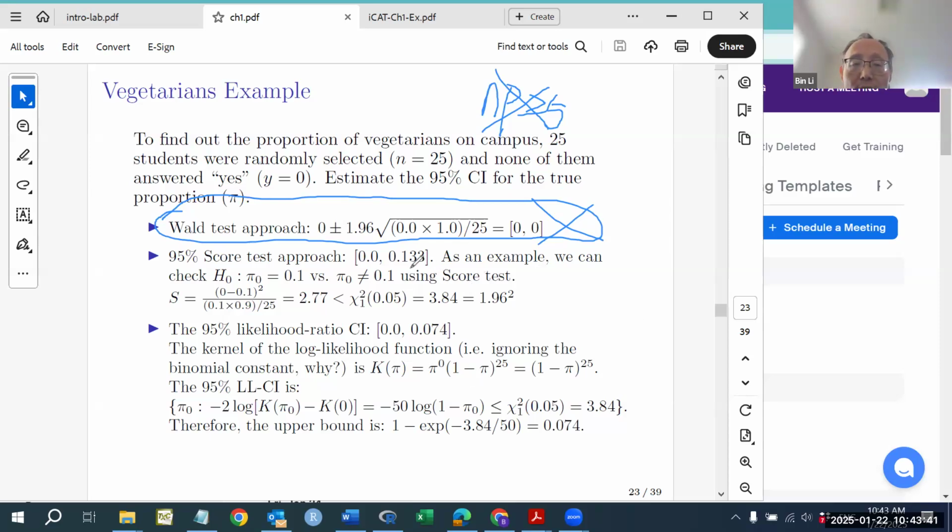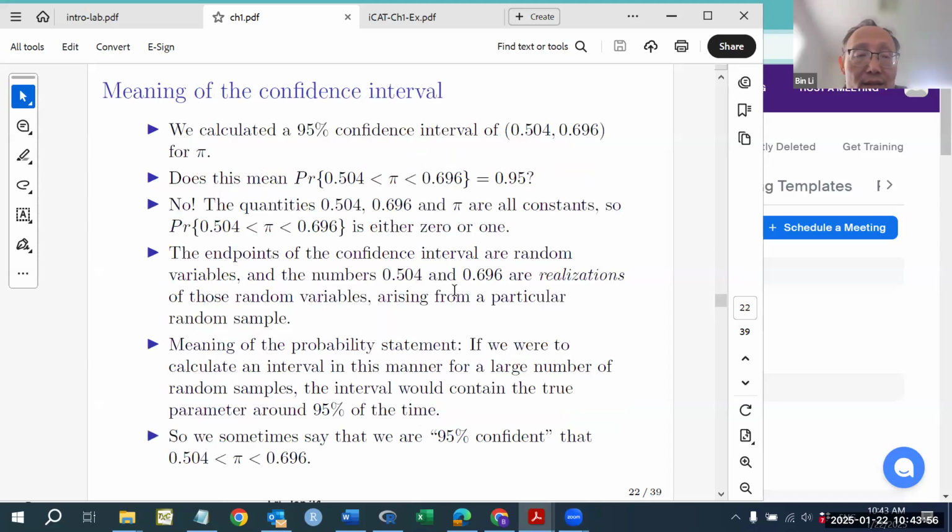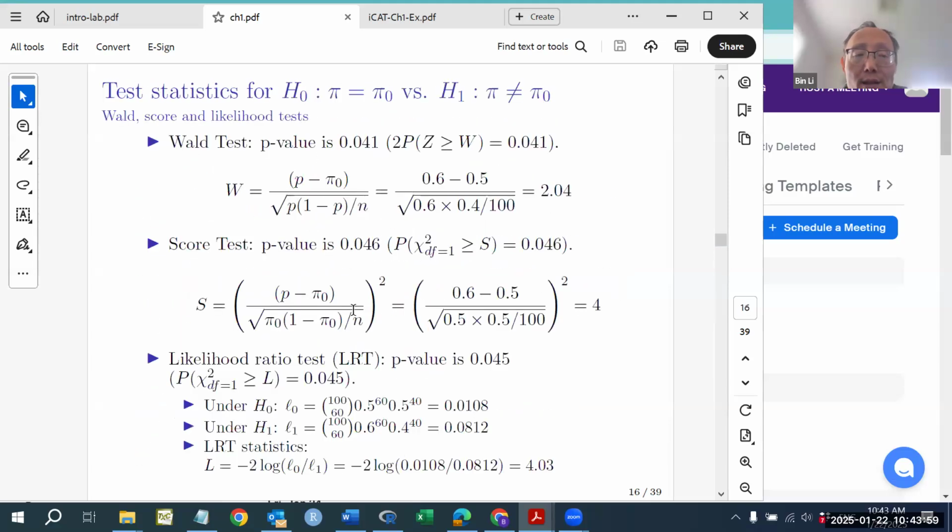What about the score test? Based on the definition, we need to find the pi 0 values to make the test statistic, the one for the score test, less than 3.84. That's the critical value.